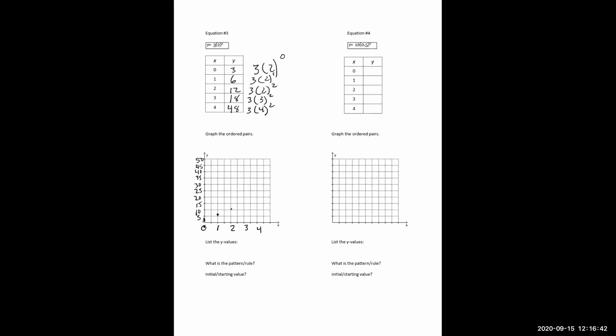Get that thing to stop doing that. Okay. Then we have 3, 18. So we're here, right below the 20. And then we're at 4, 48. So we're way up here.